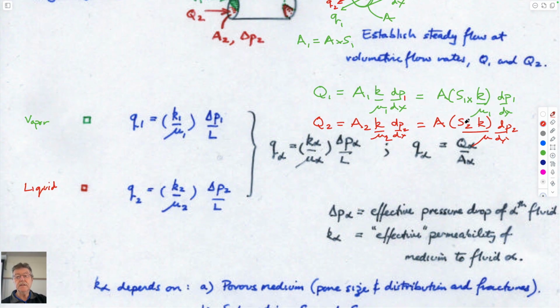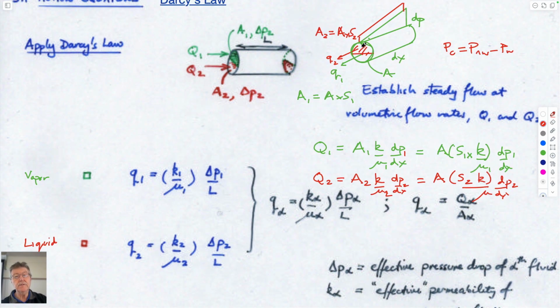So the point is that instead of using permeability, all we need to do is use permeability to be able to scale with the relative cross-sectional area of flow. That's really all it's doing.